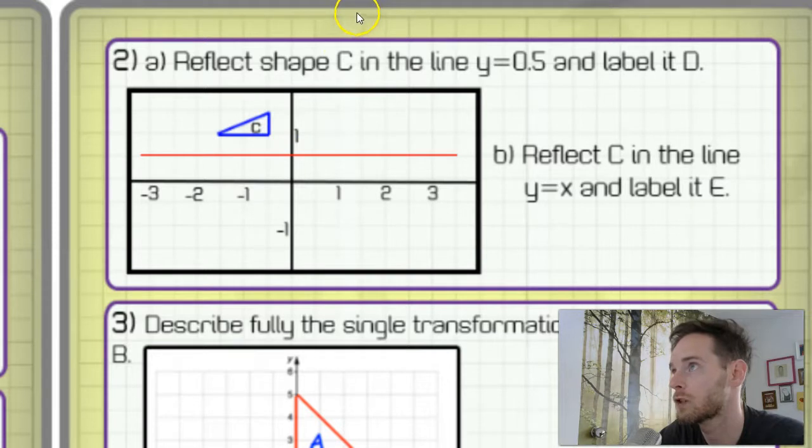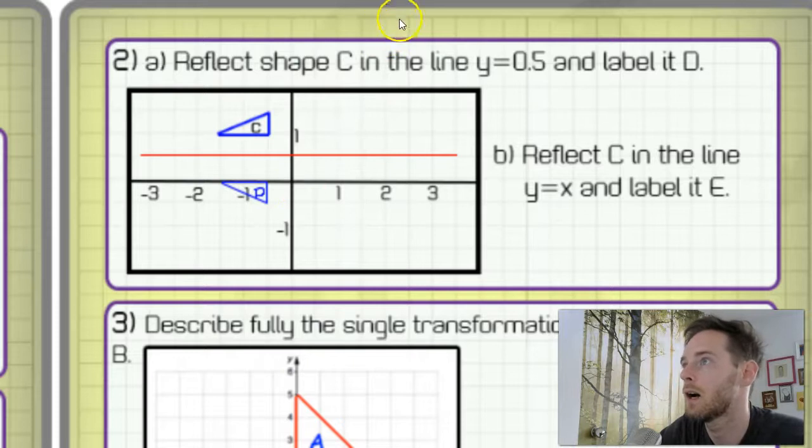Okay, so the reflection will be, and if I get the blue back up to do that, 1 square away there, there's our point that we need to draw. That's going to go down to there, that's going to go across to there, and then that's going to go to there. Okay, so that is a pretty simple reflection to do, again, much like the first question, but in that one we're going to label D.